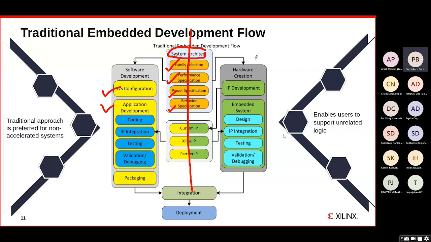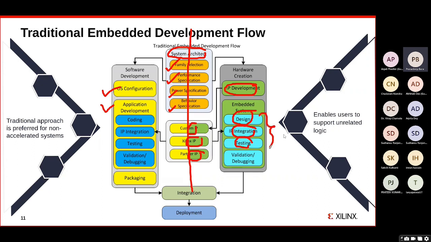So from the electronic side, most of the people will work in the hardware development environment. They will start working with the design entry. Whatever IPs are required, they will create. They can use custom IPs, Xilinx IPs or any third-party IPs, and all those IPs they will integrate and test.